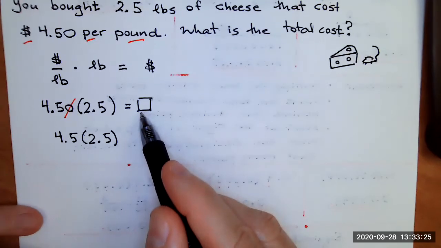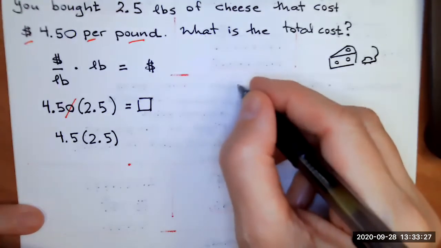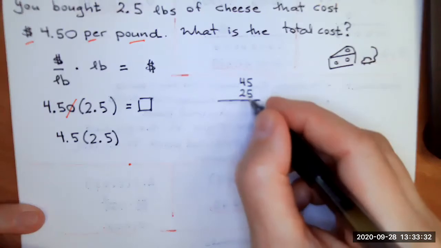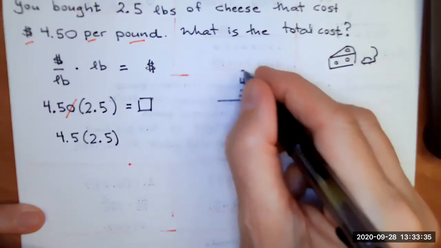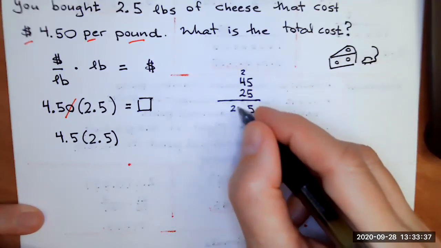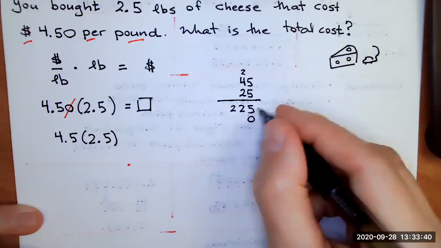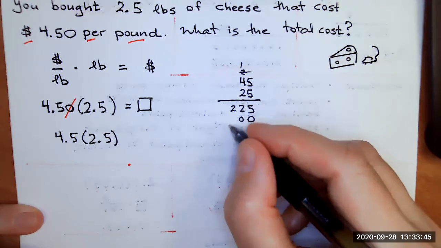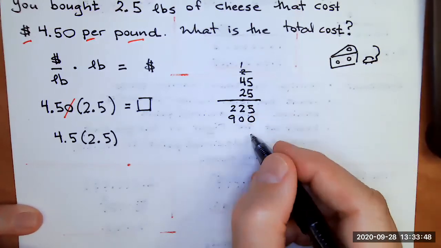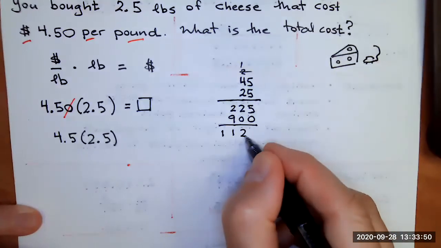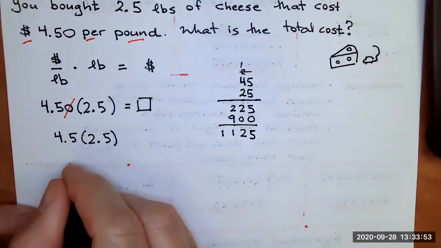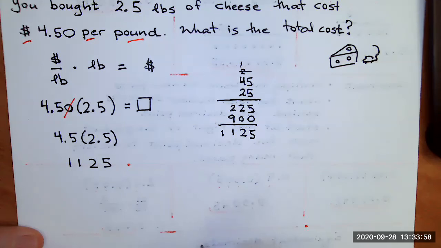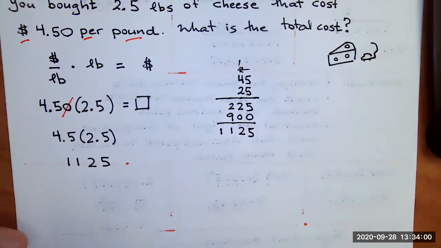We have a missing product, so we want to multiply 45 by 25. 5 times 5 is 25. 5 times 4 is 20, plus 2 is 22. Add a 0. 2 times 5 is 10. 2 times 4 is 8, plus 1 is 9. $1,125 sounds like a lot of money for cheese.